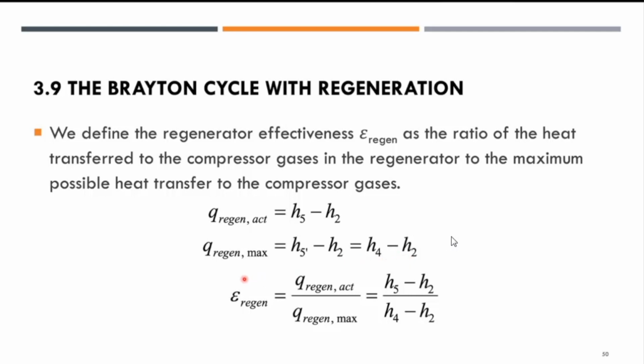The effectiveness of the regenerator is equal to Q regen actual over Q regen max. So you can have that expression to find the regenerator effectiveness.